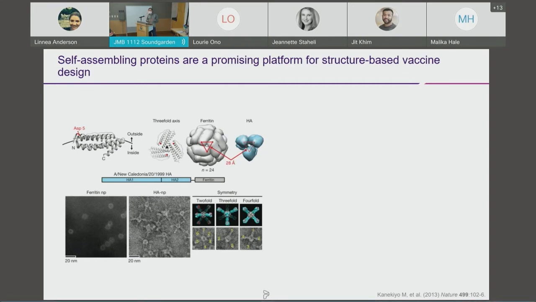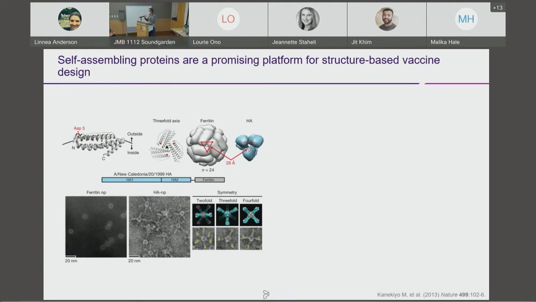So one of the reasons that self-assembling proteins are such a useful platform is because it allows you to seamlessly integrate protein-based antigens through genetic fusion to the self-assembling subunit. So now you just make a protein and it naturally self-assembles to these particles. And because proteins fold and assemble to single low energy native states, every particle looks just like every other.